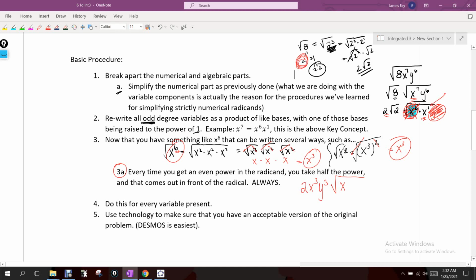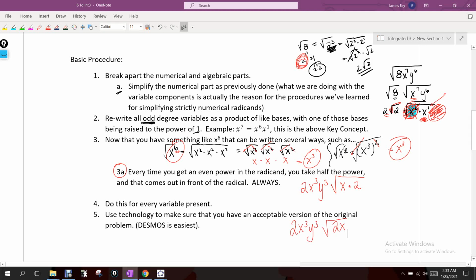When we're breaking down the 8, it didn't have a partner. This x doesn't have a partner. And then I've also still got this radical 2 that came from the numerical part. So that's going to be multiplied back together underneath the radical. And the best way we like to write that is 2x cubed, y cubed, times the root of 2x.